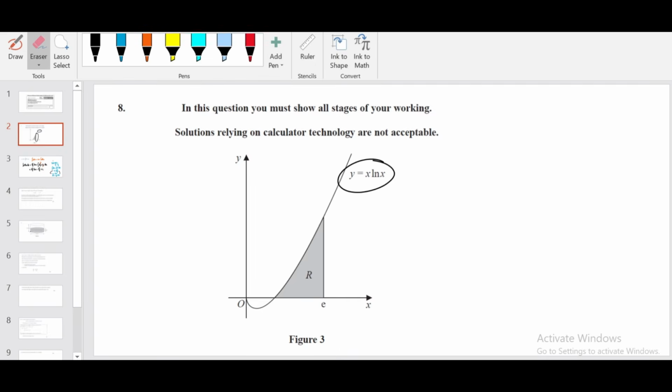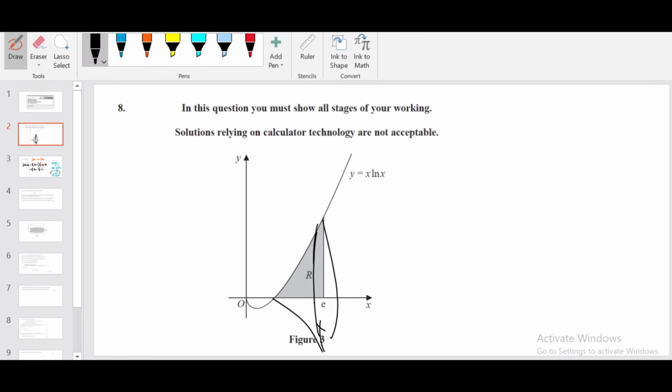To find the volume of the solid, we are rotating this shape about the x-axis. So to find the volume, you need to integrate this function. The formula is pi integral y squared dx. The upper limit is e. We need to find the lower limit. So replace y by 0, you will get x ln x equals 0.